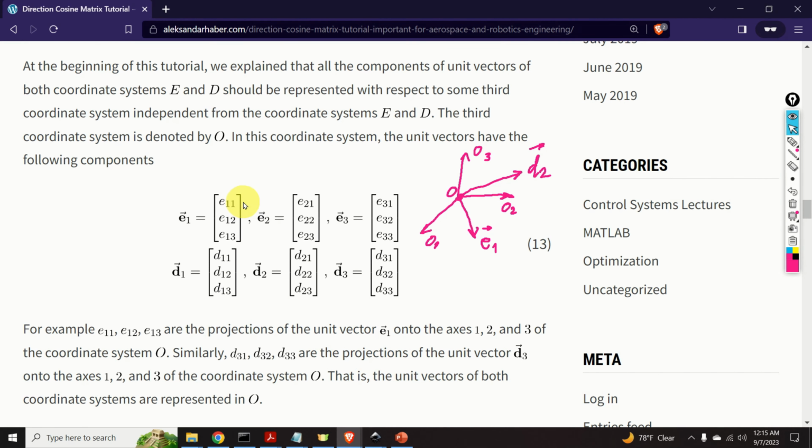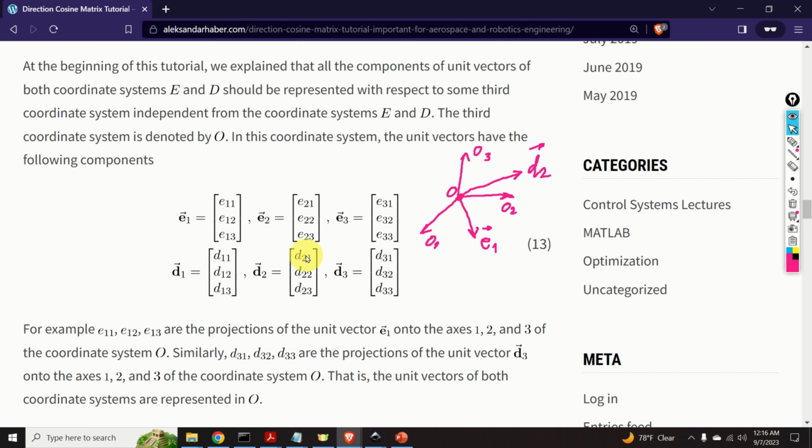This component of the unit vector E1 is actually the projection of the unit vector E1 onto the unit vector O1. Similarly, this component is the projection of the unit vector E1 onto the unit vector O2, and this component is the projection of E1 onto the unit vector O3.